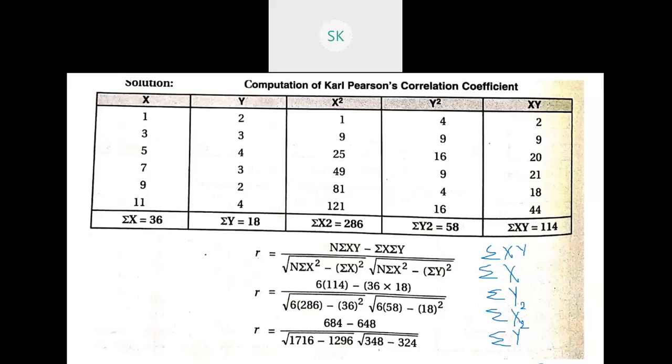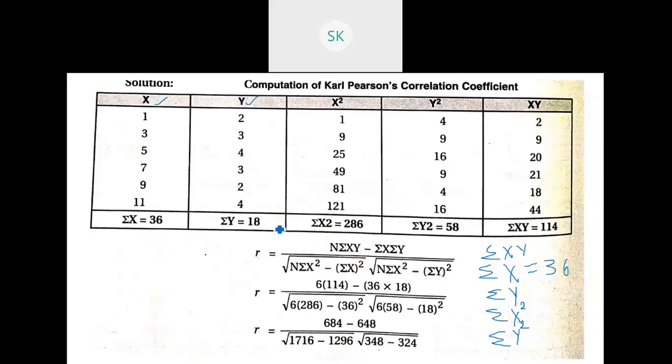So we will start calculating one after the other. Now we have the list of what all is to be calculated, and we have the data of x and y. If we add all the values of x, we get the first important value, sigma x, the total of x. When we total, we get the summation value as 36.